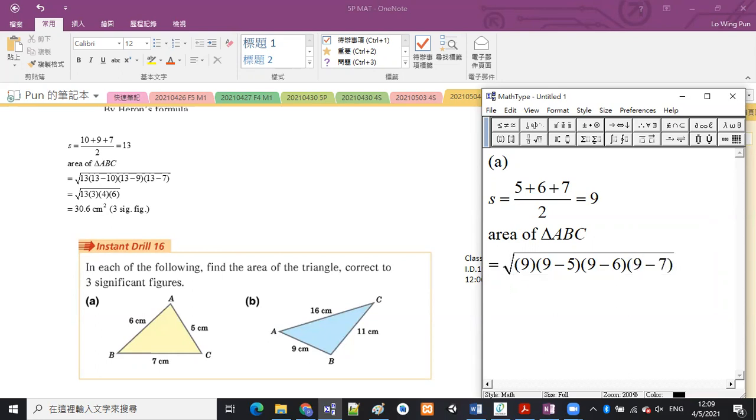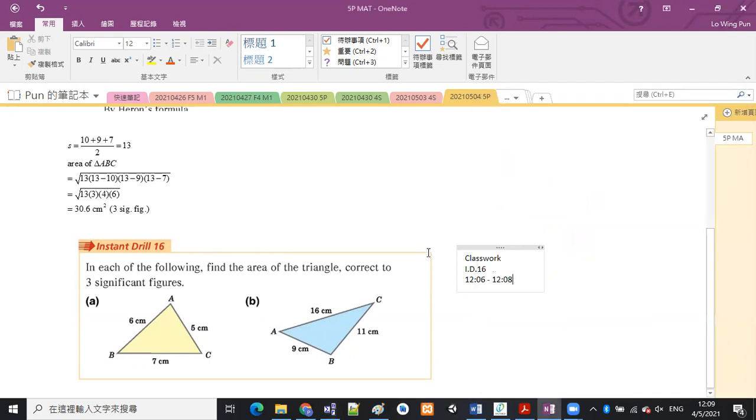Okay, and that will be equal to square root of 9, 4, 3, 2, which is 14.7 cm square. Don't forget to write down the units. Okay, so this is 3 significant figures.